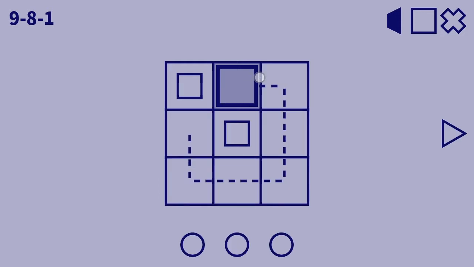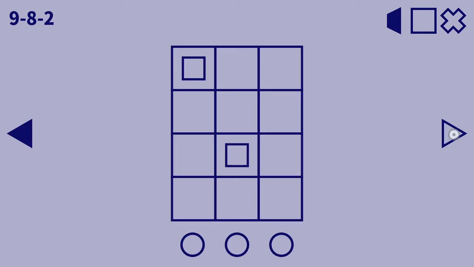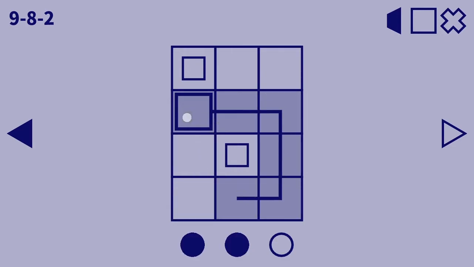Is one of them that they have to be in separate regions? The second one. As soon as I put that in, it's gone. Okay, and then the third one's something to do with corners. But they don't both have corners next to them. Okay.